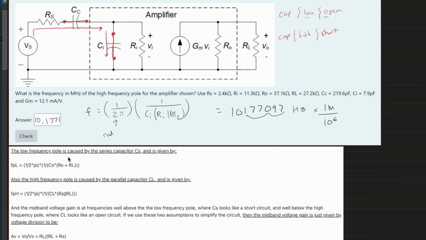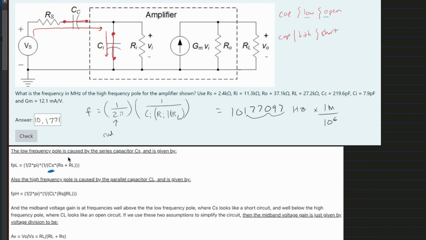Now if we wanted our low frequency, we know that we would have an open circuit. Remember, for low, we have open. That means there is not going to be a wire here, and it's just going to stop right here. So no current makes its way past this into the output. And so our capacitor here is this CS.